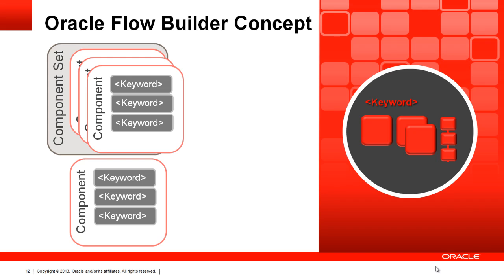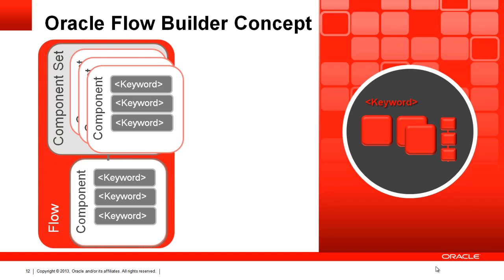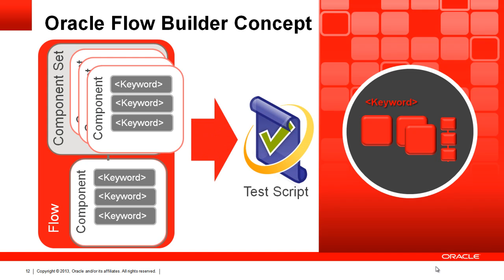You can use the components and the component sets in any combination you want and create flows. A flow will then generate a test automation script that is executable using Oracle functional testing. You can execute this either from a command line, from Oracle OpenScript, which is the scripting environment, or from Oracle Test Manager.